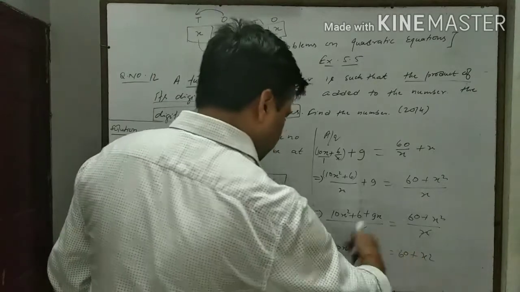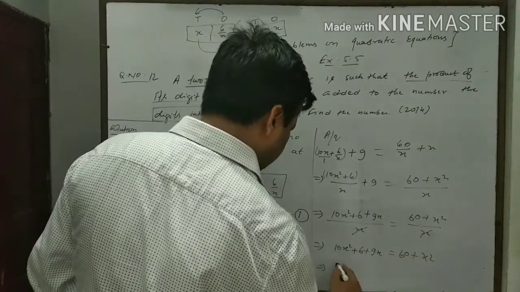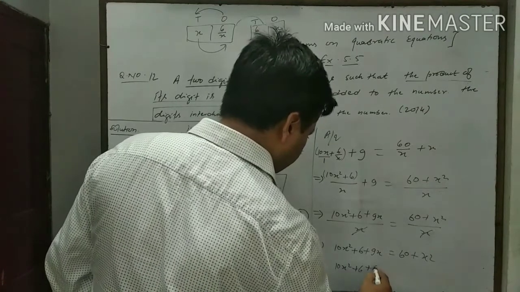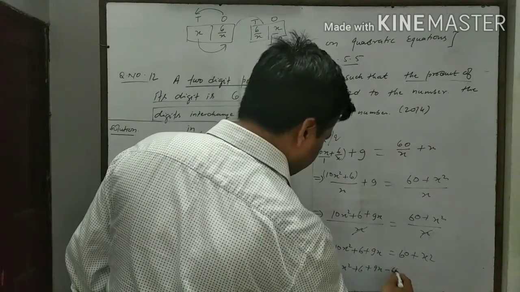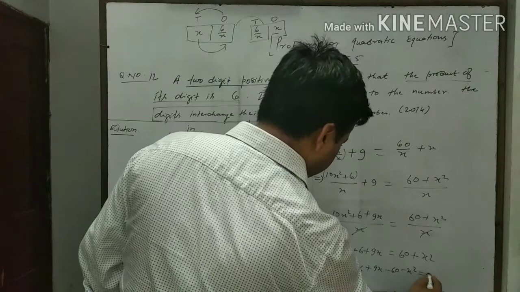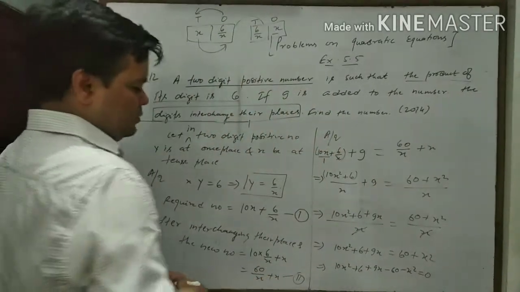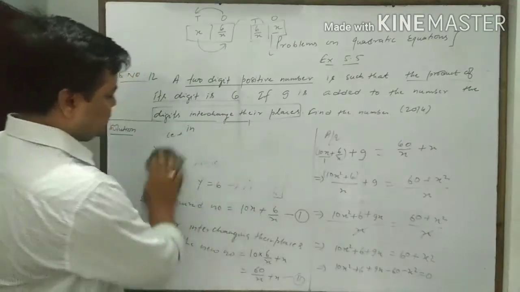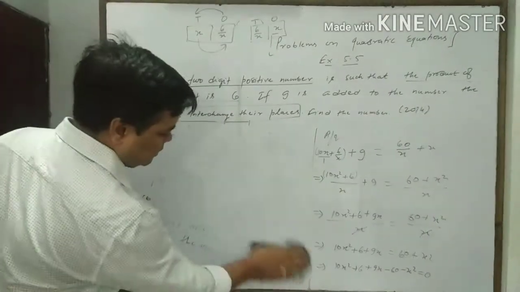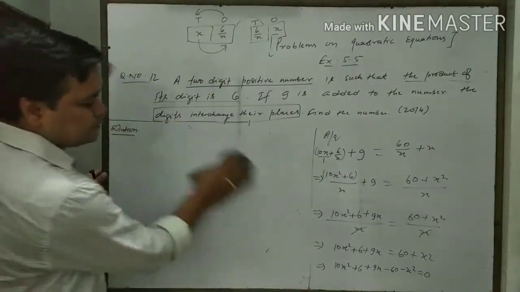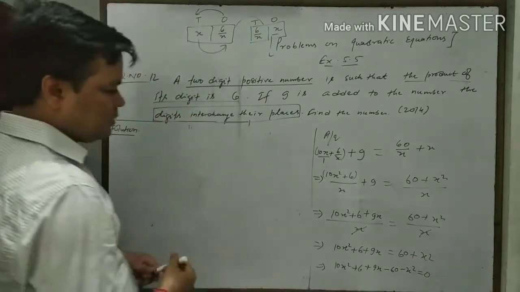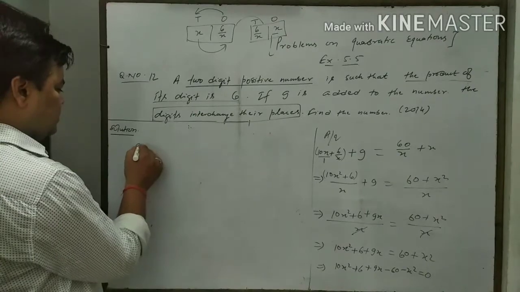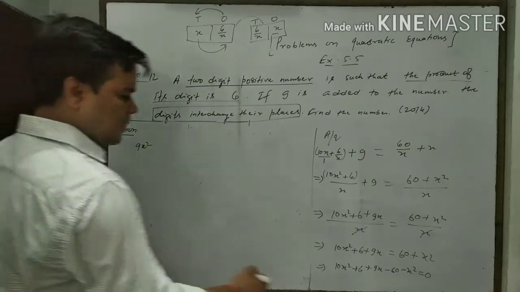Now transfer this to this side. It will be 10x square plus 6 plus 9x minus 60 minus x square is equal to 0. Now what is the next step? The next step will be 10x square minus x square, it will be 9x square.